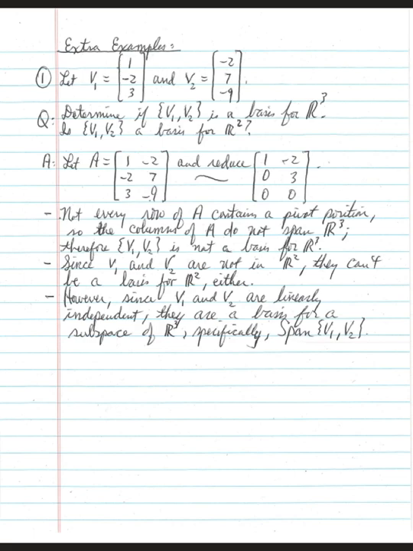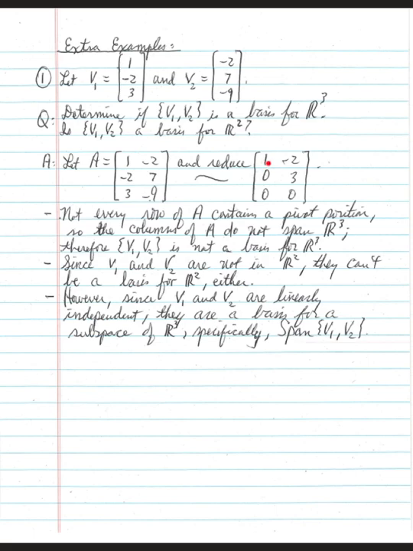And then just for some extra examples that might help you with your homework, let's take two vectors, V1 and V2. Let's determine if the set of those two vectors is a basis for R3. Well, let's check it out. Let's take matrix A and form it by using V1 and V2 as its columns, and then we'll row reduce it.